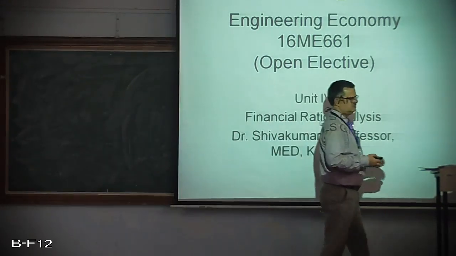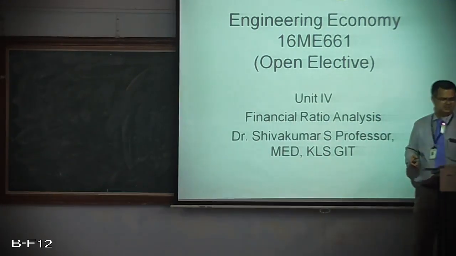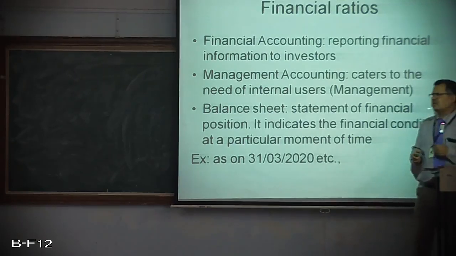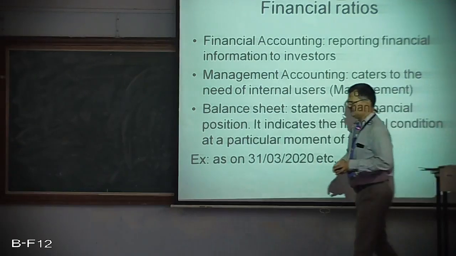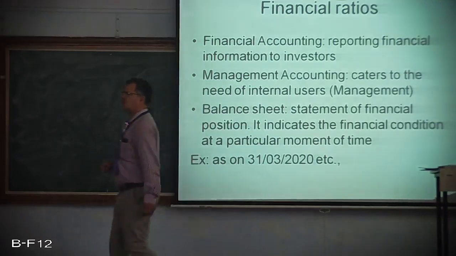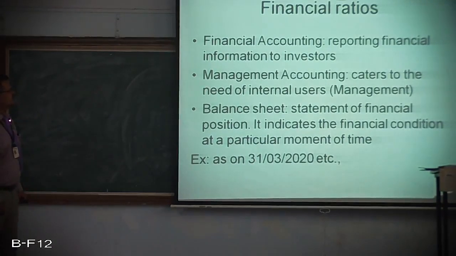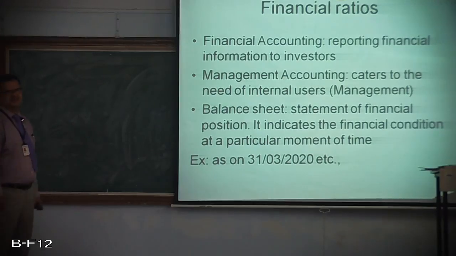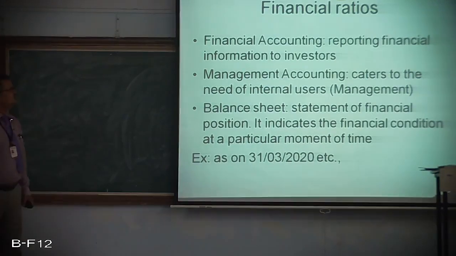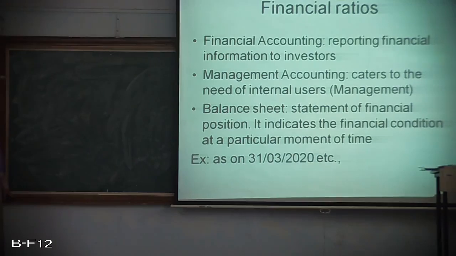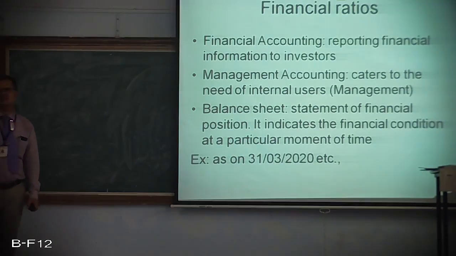So I'm going to give some basic idea about the basic terms of financial management. There are two accounting systems. One is financial accounting, second is management accounting. Financial accounting is reporting the financial information to investors.